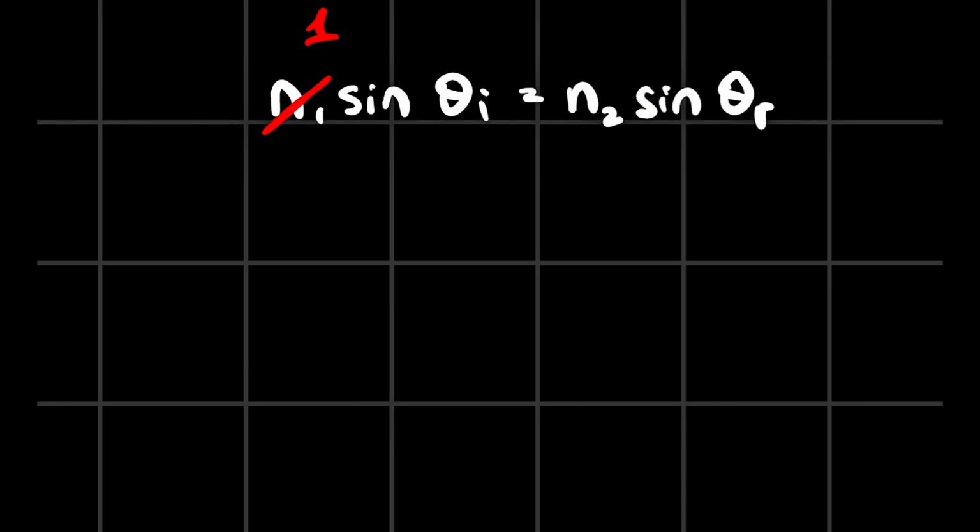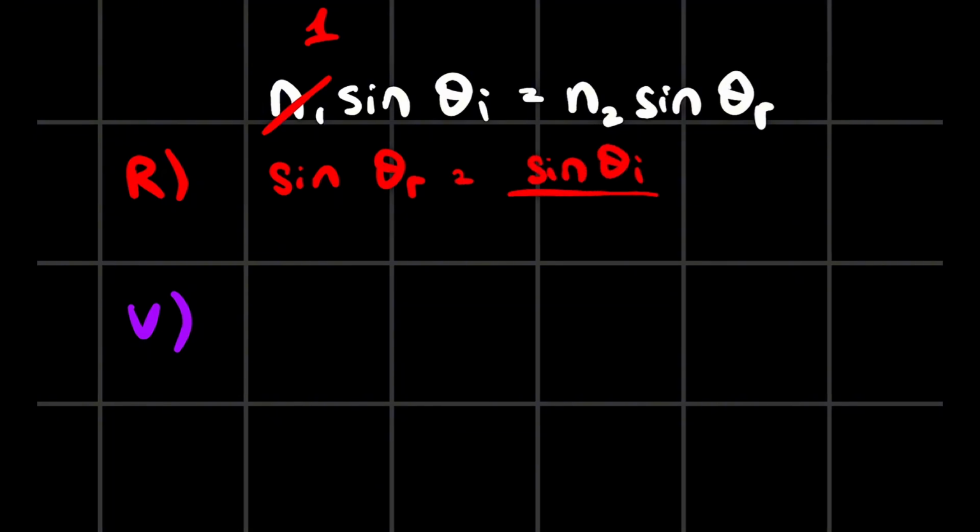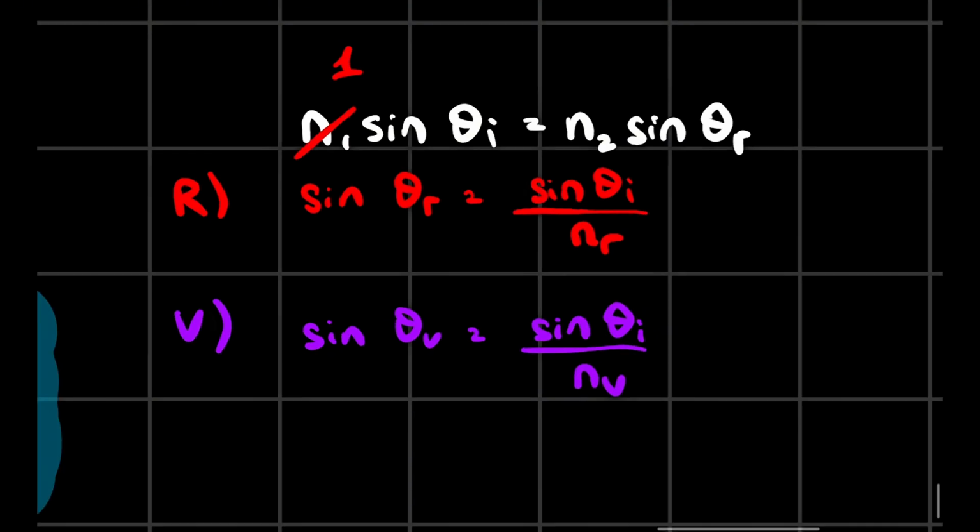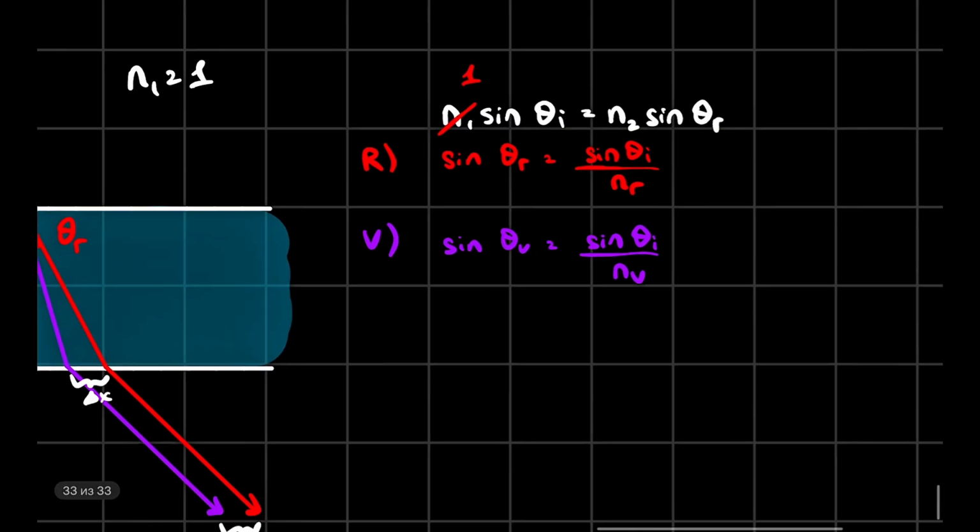For the red one, it would be: sine theta red equals sine of the angle of incidence, the same for both of them, divided by n red. For violet, sine theta violet equals sine of the angle of incidence, the same for both of them, divided by n violet. Okay, good. Now we have the expressions for both of them.